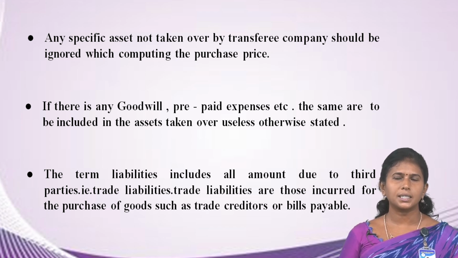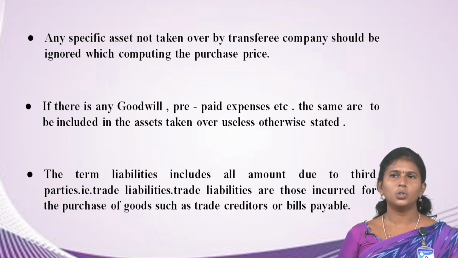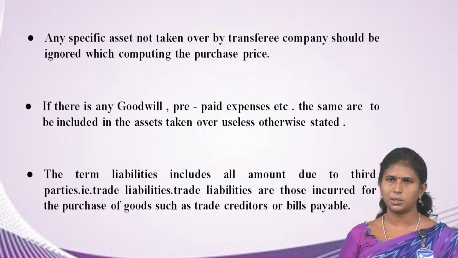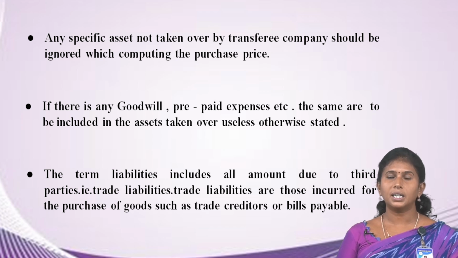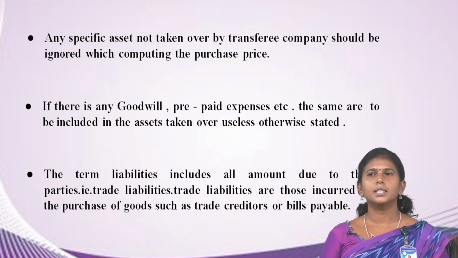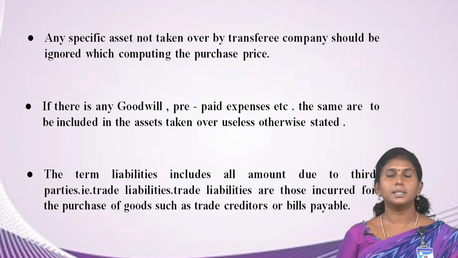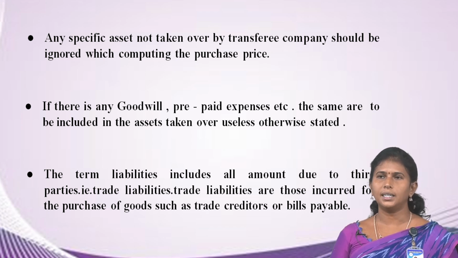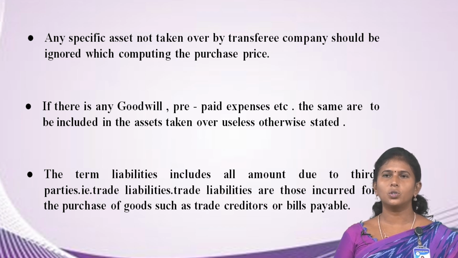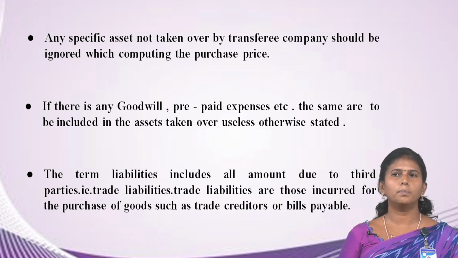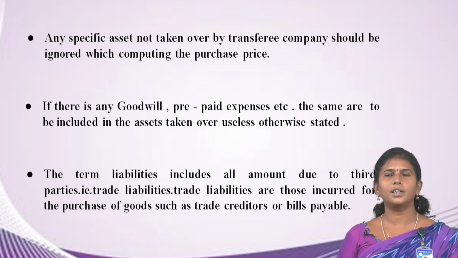So if it is specifically mentioned in the problem that a particular asset was not taken over, such an asset should not be considered; it should be ignored while calculating purchase consideration under the net asset method.